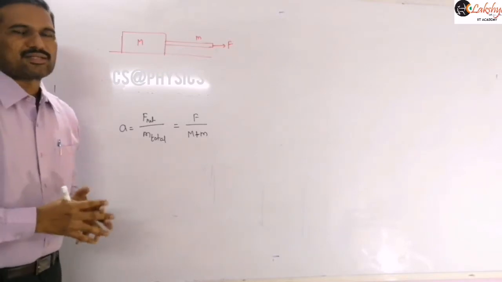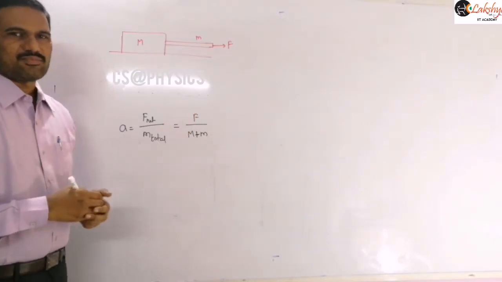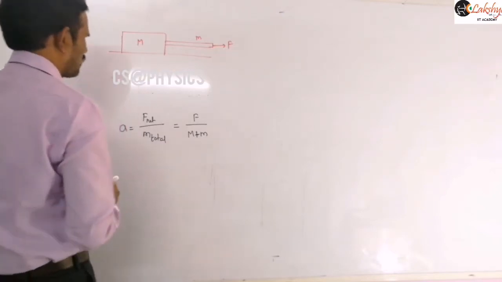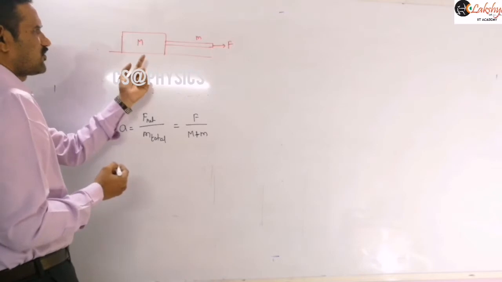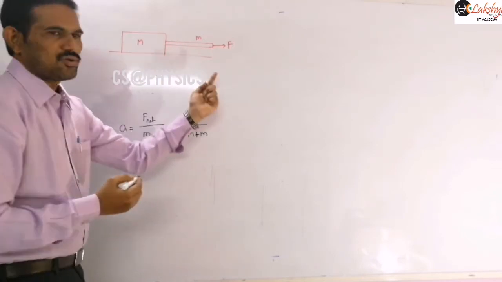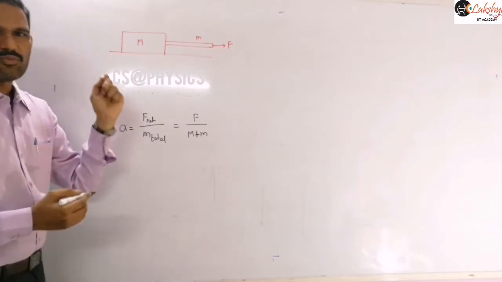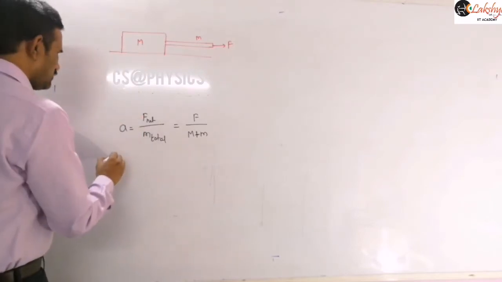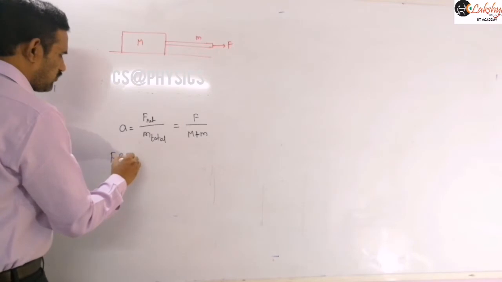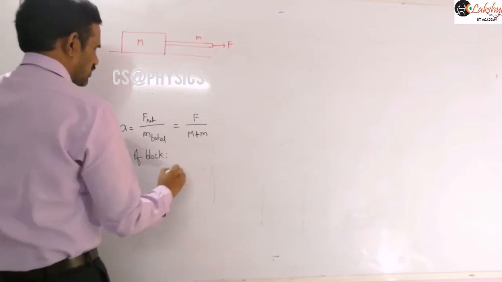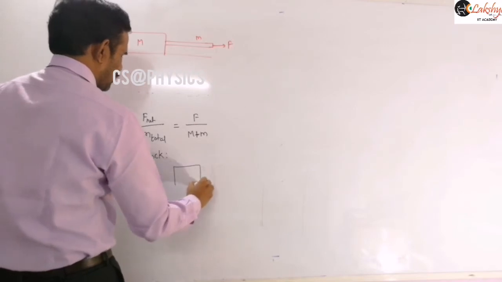Once you know the acceleration of the system, you can easily write the force with which the rope is pulling the block. You may consider the free body diagram of either the block or the rope. I am taking the free body diagram of the block.